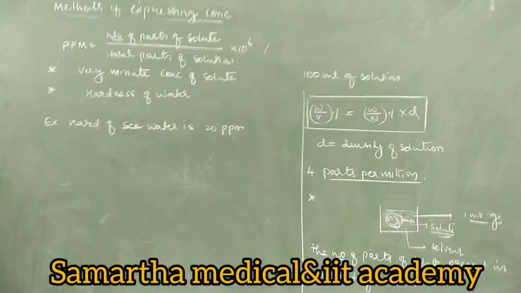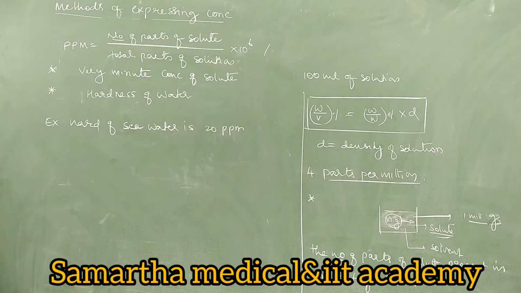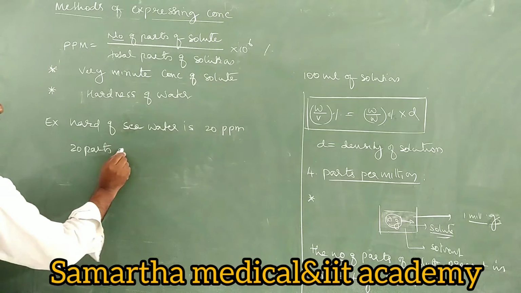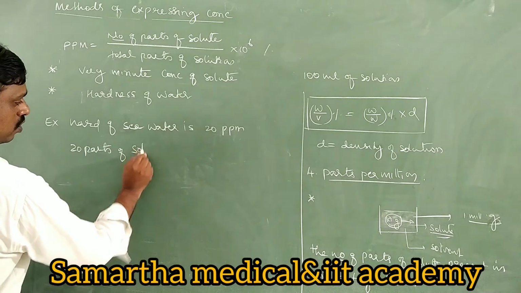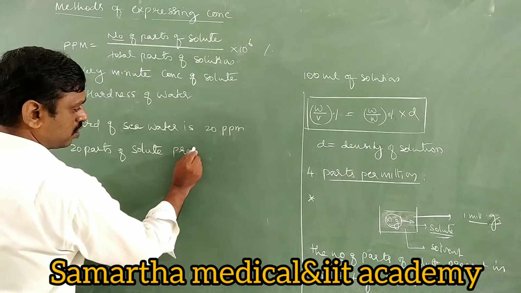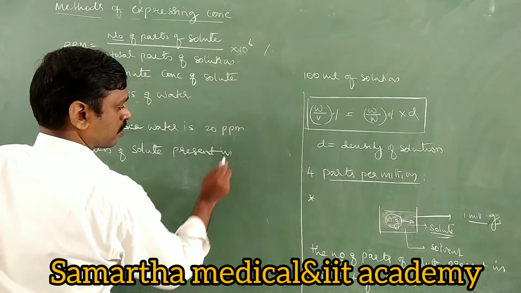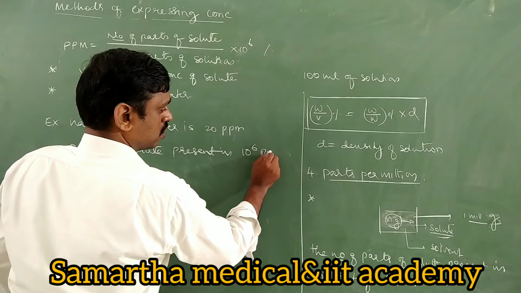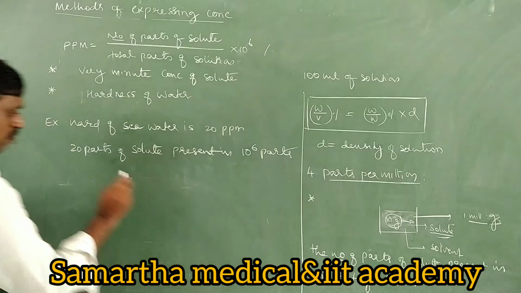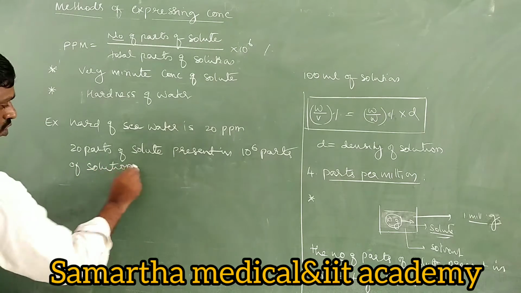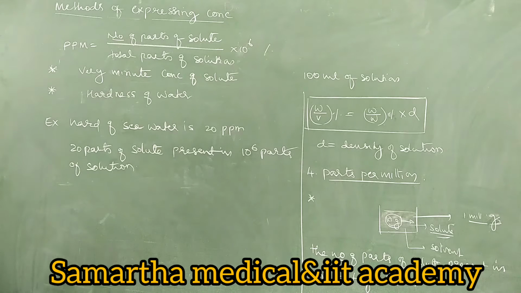It means 20 parts of solute are present in a million, that is 10 power 6, parts of the solution. Only 20 parts of solute, a relatively lesser value. So this is the meaning of parts per million.